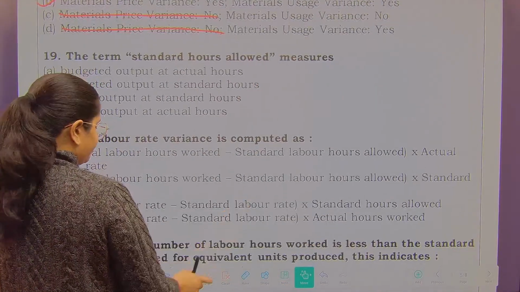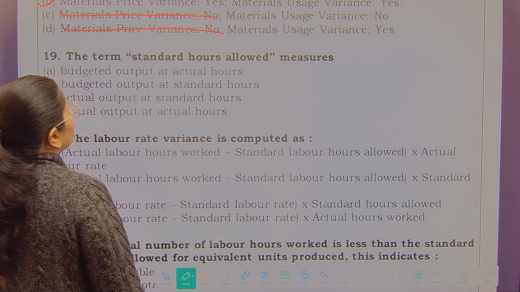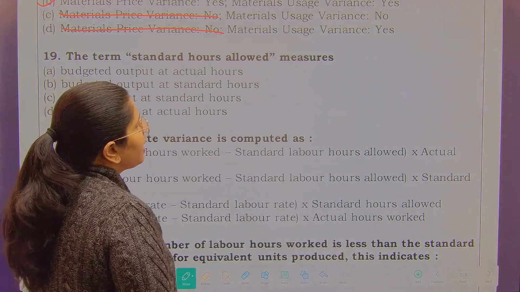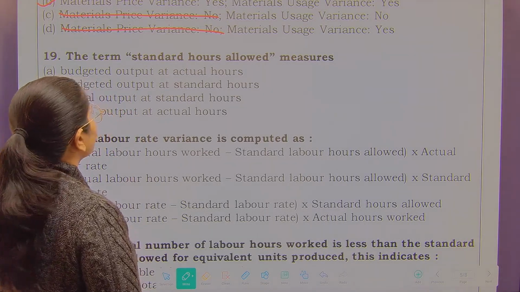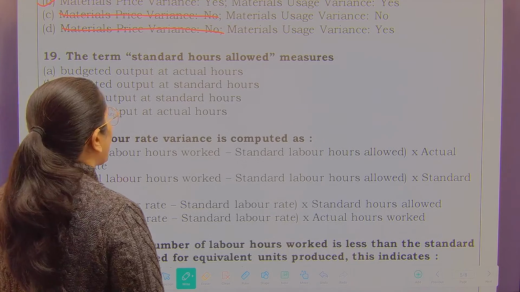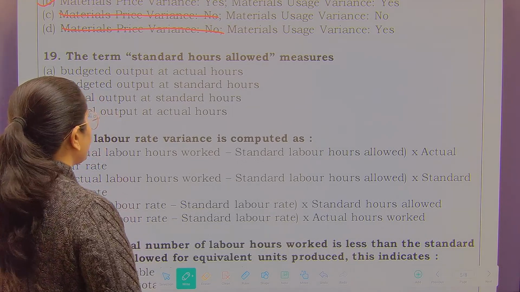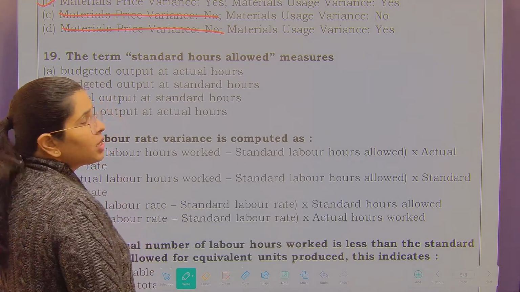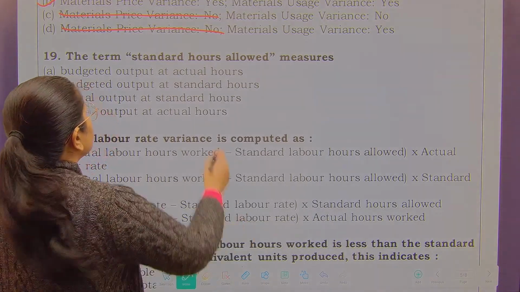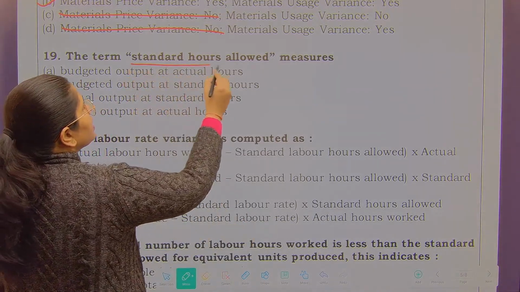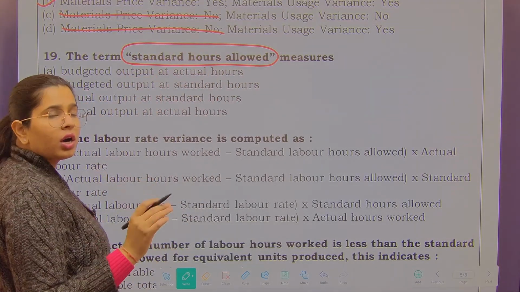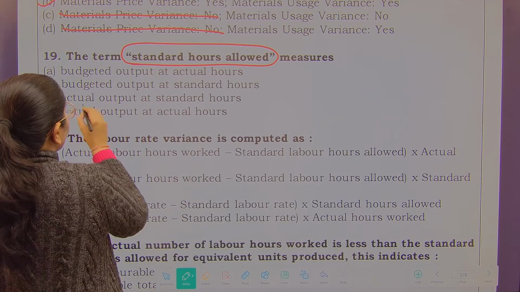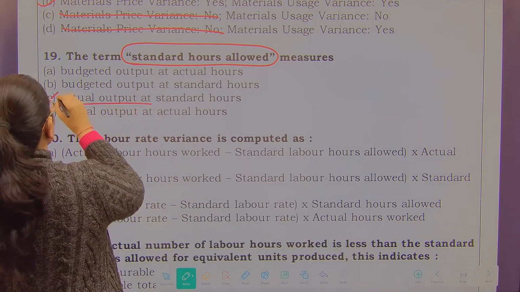Next is: the term standard hours allowed measures budgeted output at actual hours, budgeted output at standard hours, actual output at standard hours, or actual output at actual hours. We just now talked about standard hours allowed, standard units allowed. We always talk about this in terms of actual output.